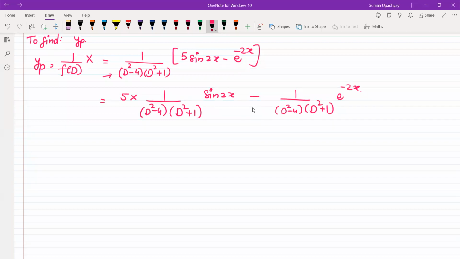So far clear to everybody? Now, how will you solve it further? Which rule are we going to apply on this? On the first term we'll talk about it, and then we'll look at the second term. What rule are you going to apply on the first term?